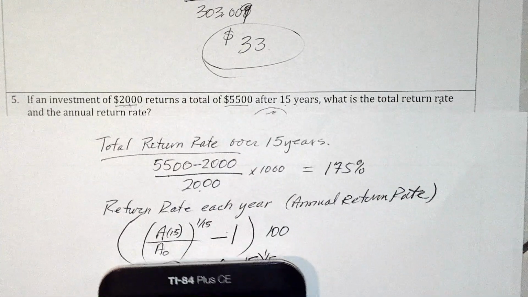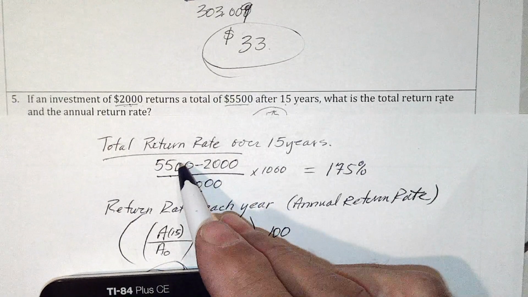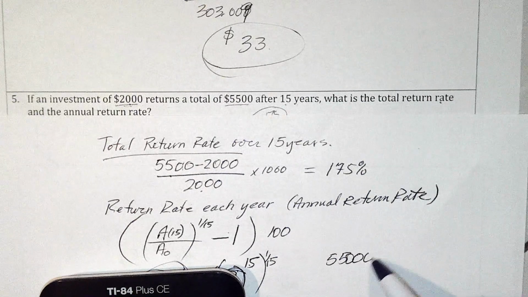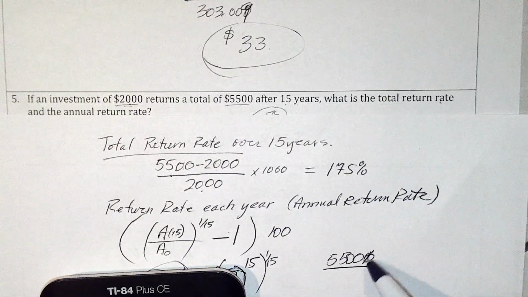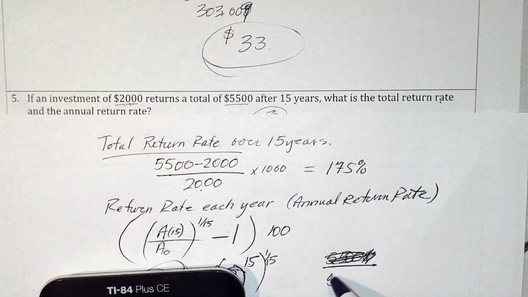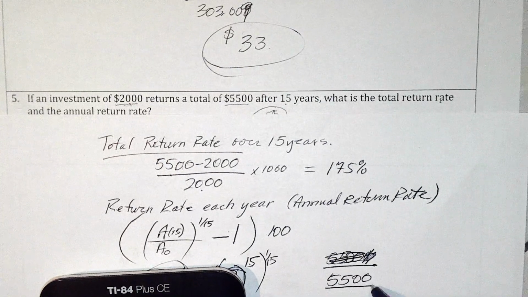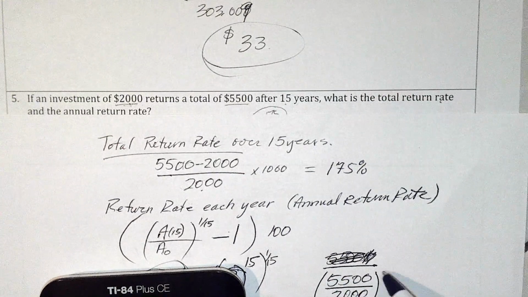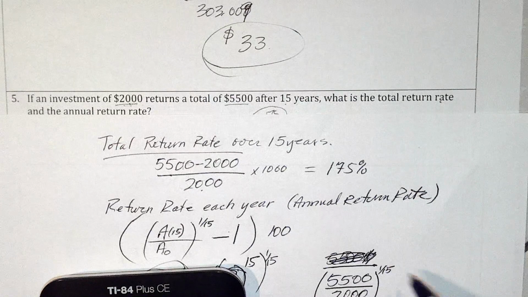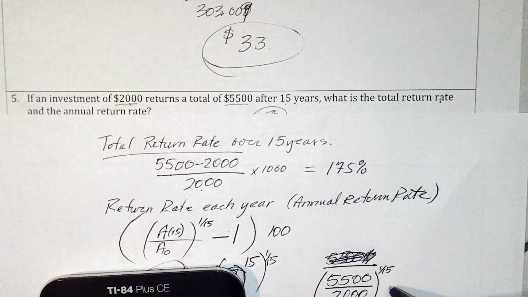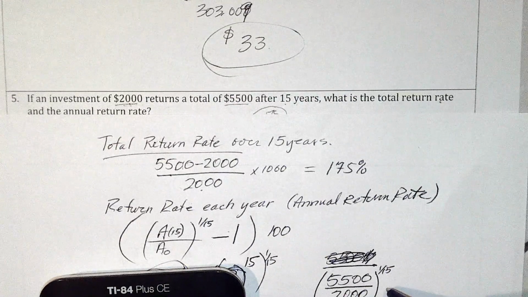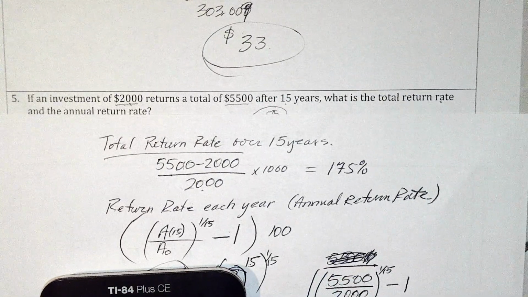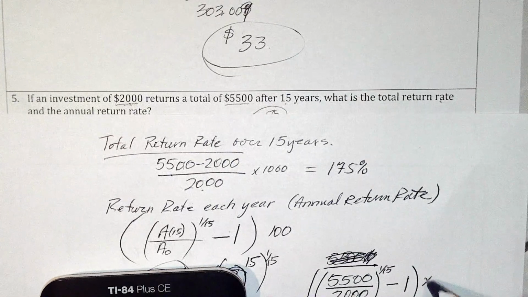So what that looks like is the final amount, 5,500, over the starting amount, to the 1/15th power to get rid of doing this 15 times. This gives you 100% plus a percentage more. We subtract 1 so we get the percent increase in decimal form, times 100.